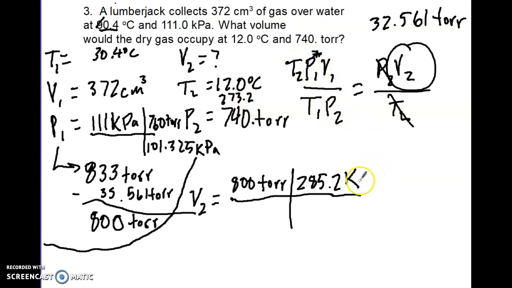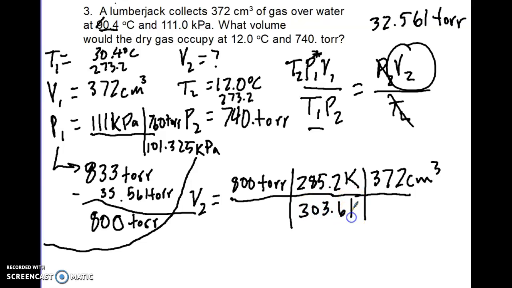My V1 is 372 centimeters cubed. My T1 I need to put into Kelvin, T1 plus 273.2, that would be 303.6 Kelvin. And my pressure, which is in torr here, 740 torr. Kelvin cancels. I have centimeters cubed.